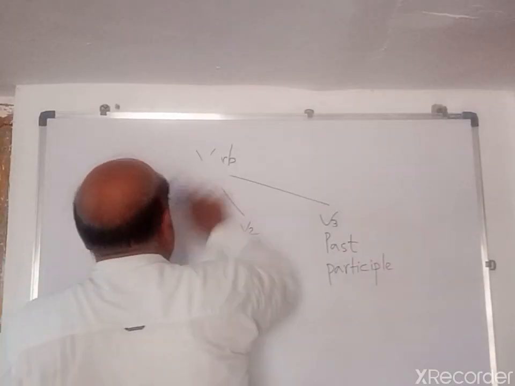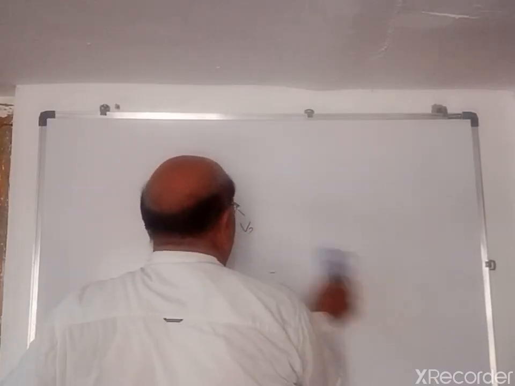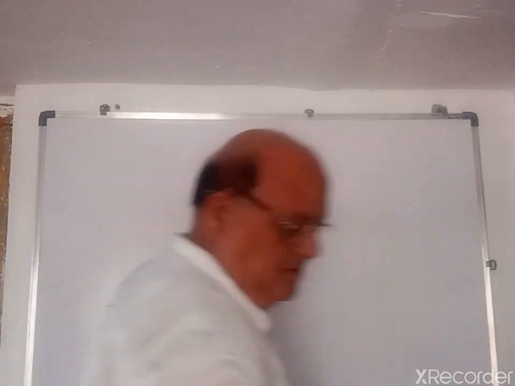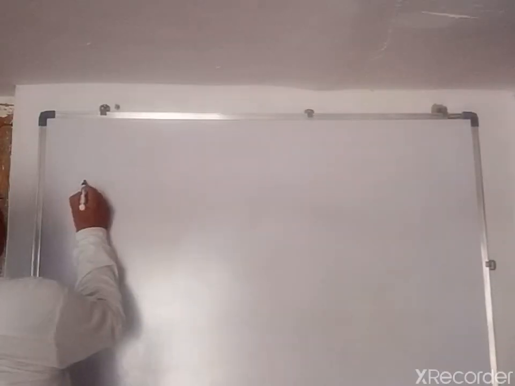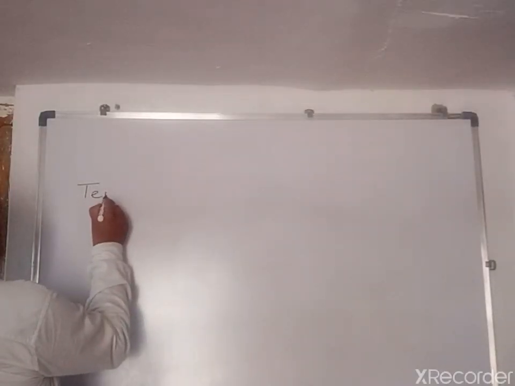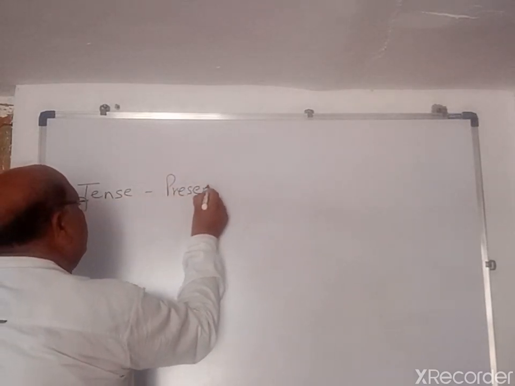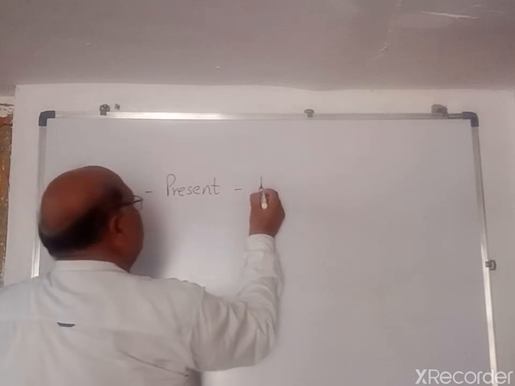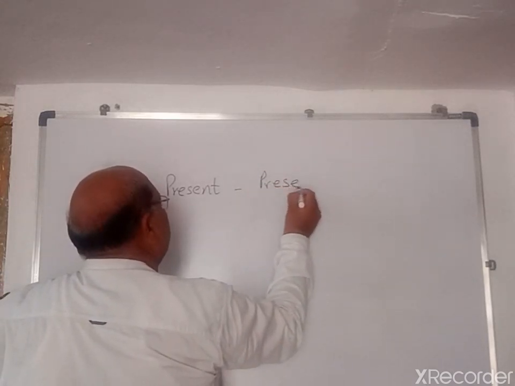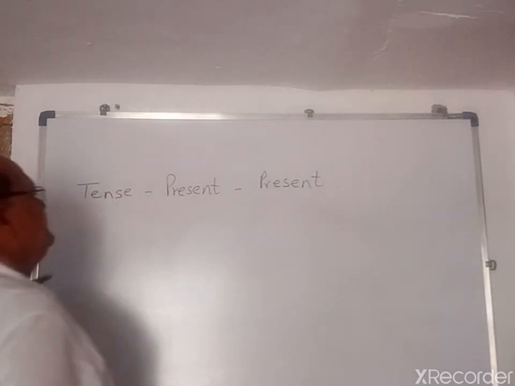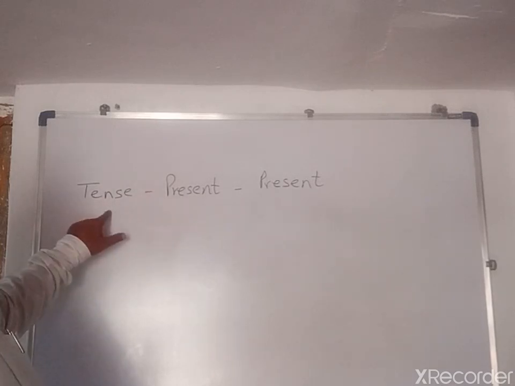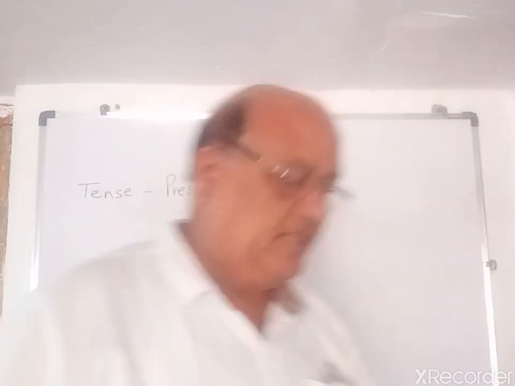See, there are 2 tenses used for 3 times. Tense, present. Present tense can be used to indicate present time.